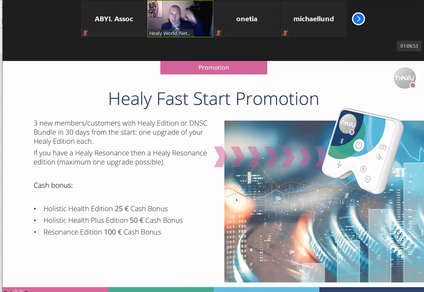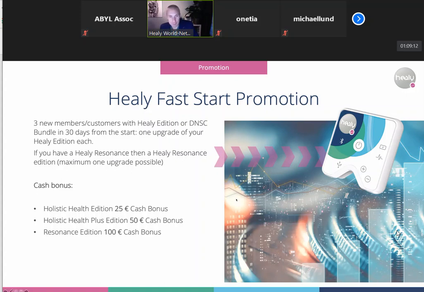So instead of 500 euro when you sell a Resonance, you're getting a 100 cash bonus extra, which means 600 euro as a bonus.